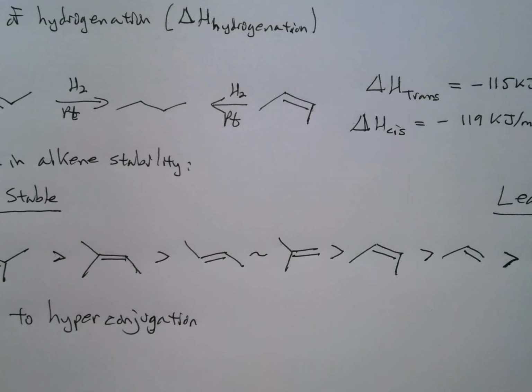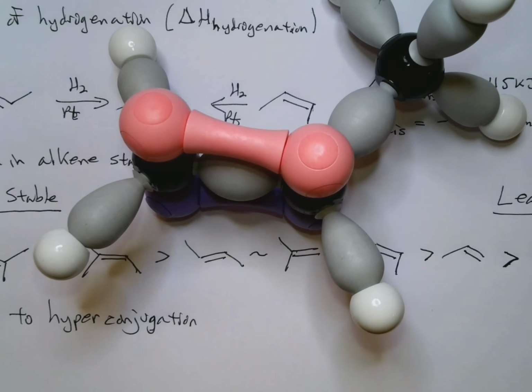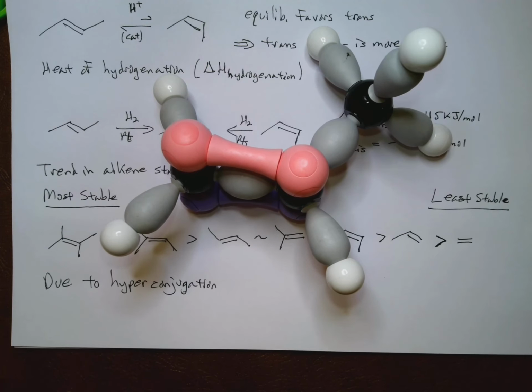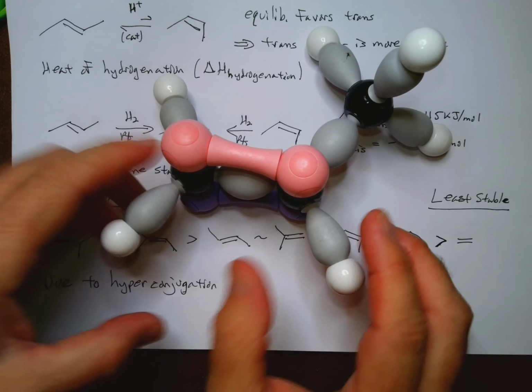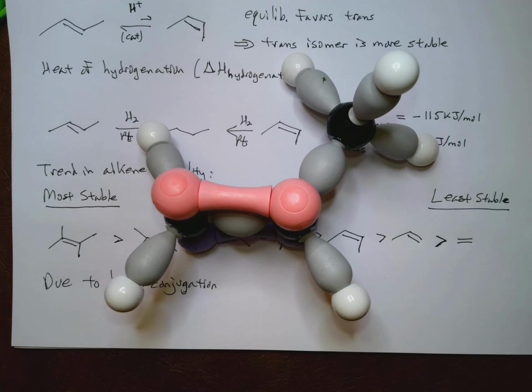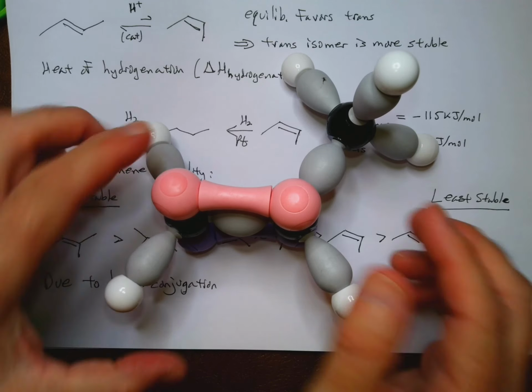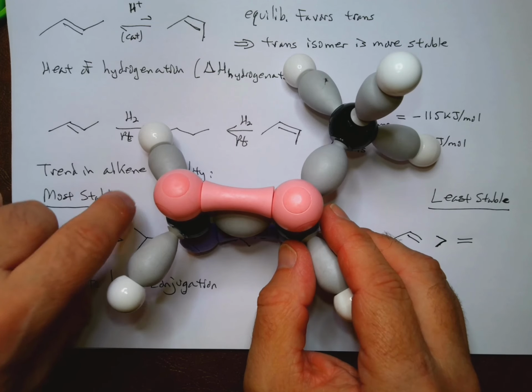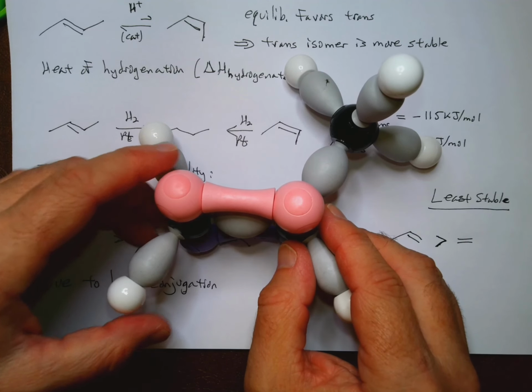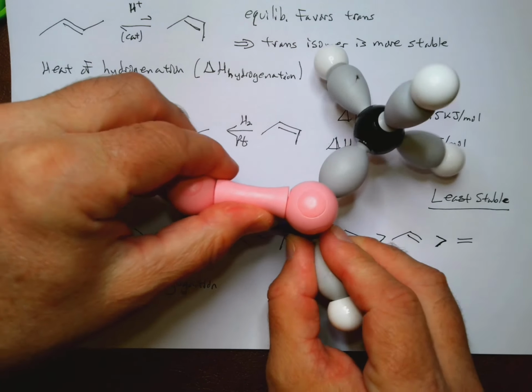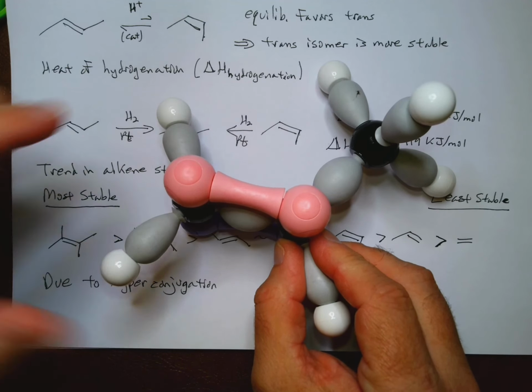If we were going to look at it a slightly different way, let me get my model out here. If we had a series of pi bonds interspersed with single bonds, those would be conjugated, regular conjugation, because all the p orbitals could overlap.